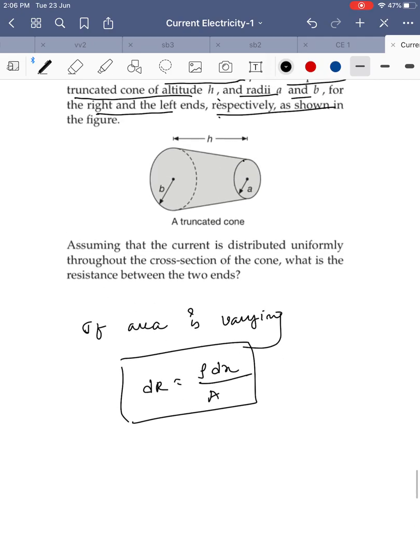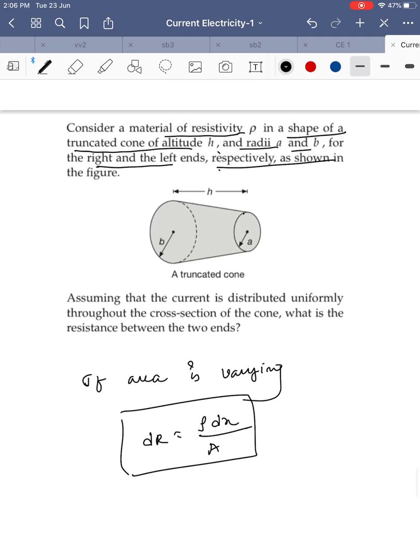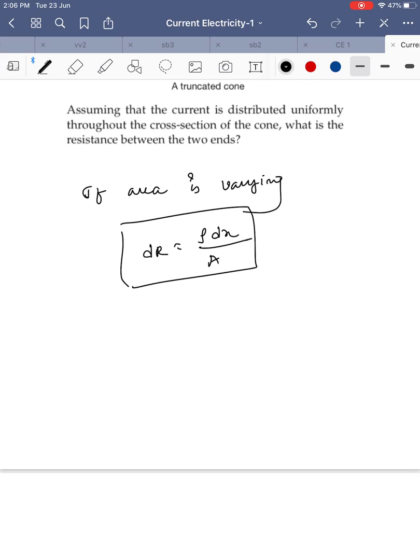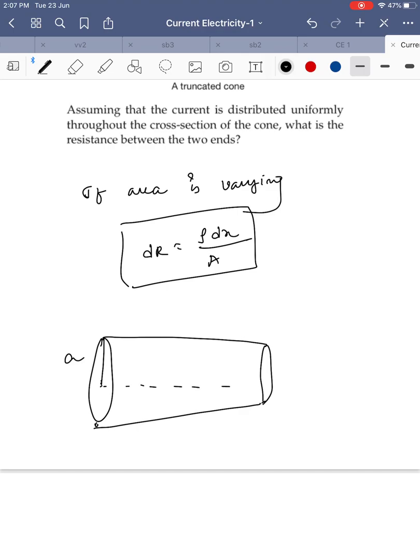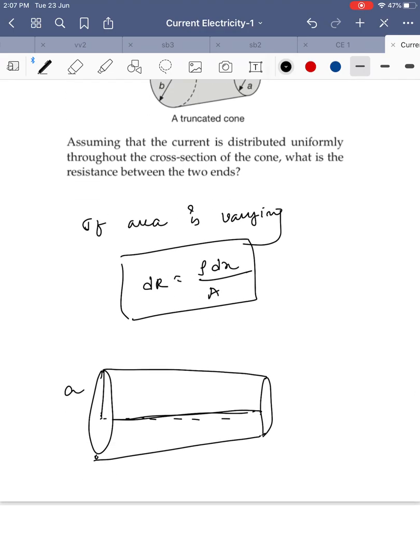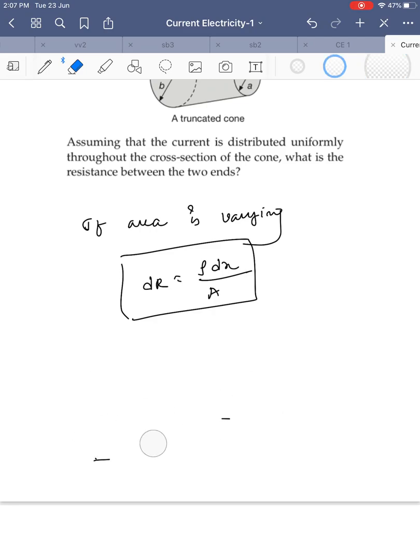Now if you draw the diagram, read the question, pause the video and read the question carefully. Initially let's draw it properly.